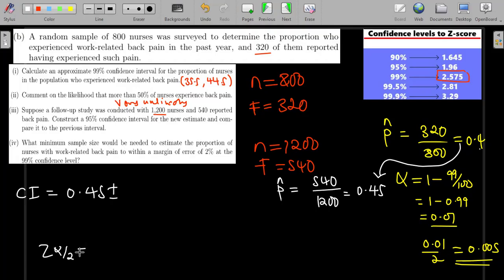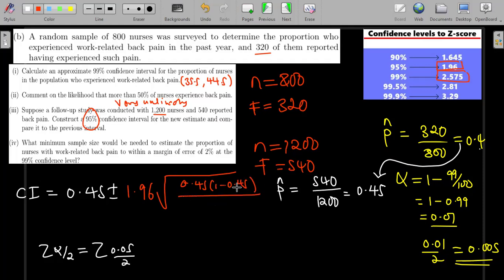Here the alpha will be 0.05 divided by 2 because I'm now considering 95%. But all that is not important as long as you know this table. At 95%, it's 1.96. So that would be 1.96 and then the square root of 0.45 times 1 minus 0.45 divided by the new sample of 1,200. So that is what I have there.